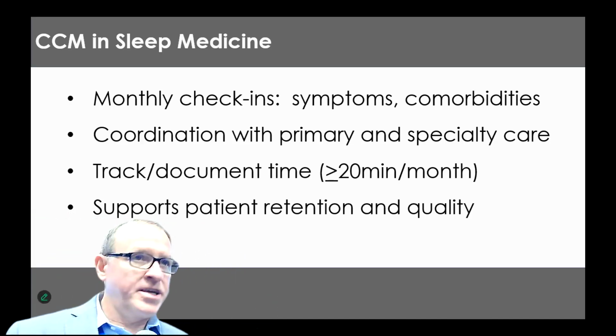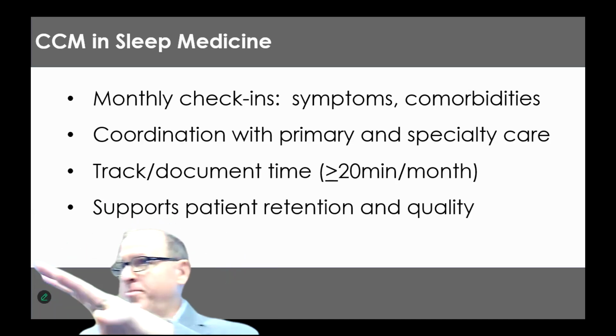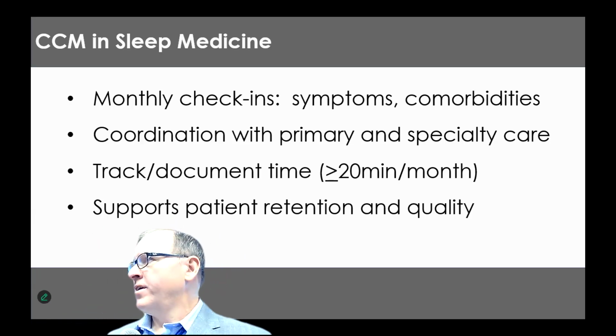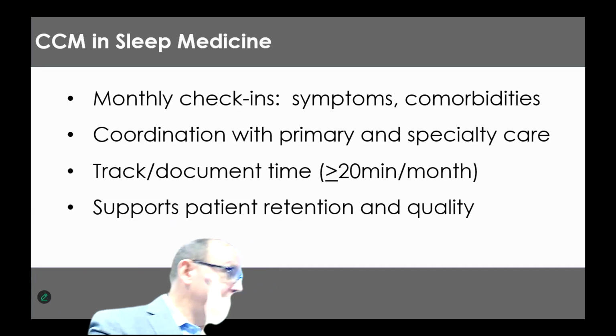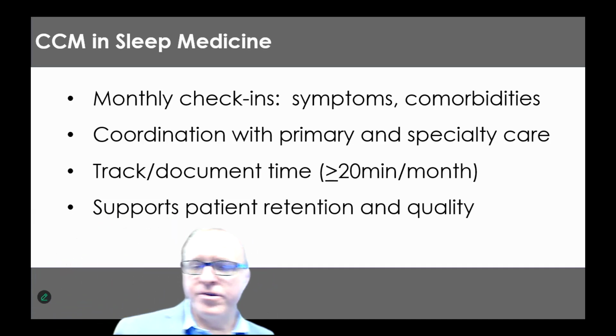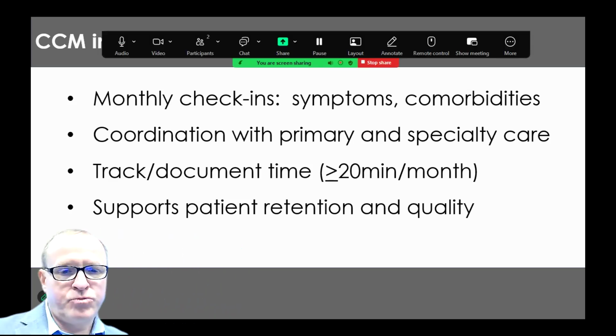So yes, they're an OSA patient, and you can use RPM to address maybe just those PAP issues, right? But if they have another comorbidity that qualifies them for CCM as well, then you're also able to address and deal with some of these other non-PAP challenges.